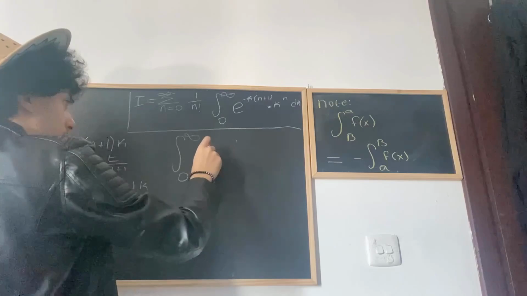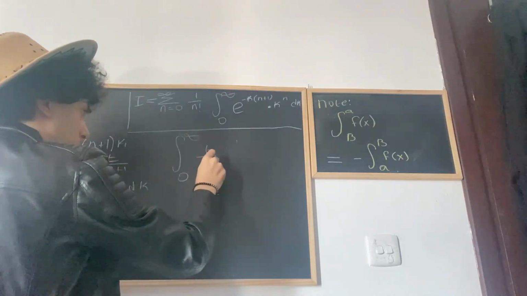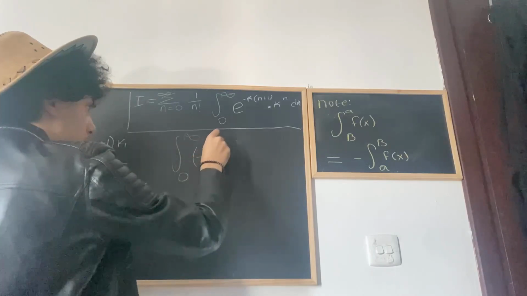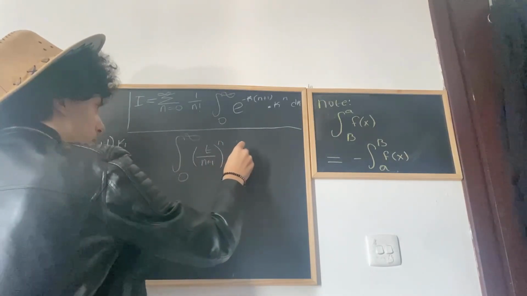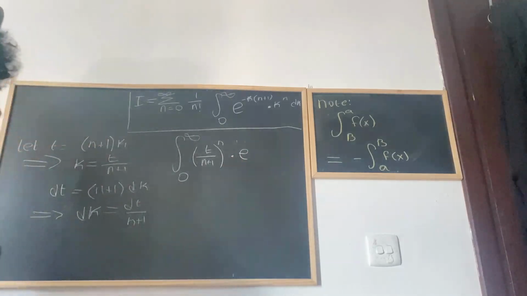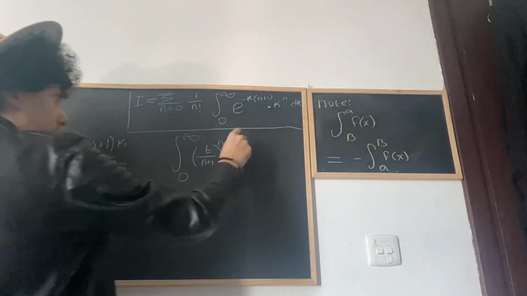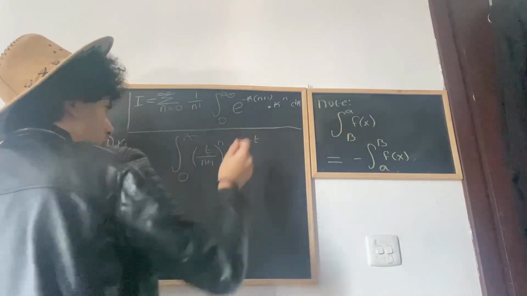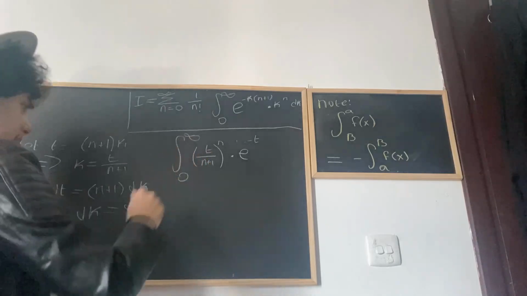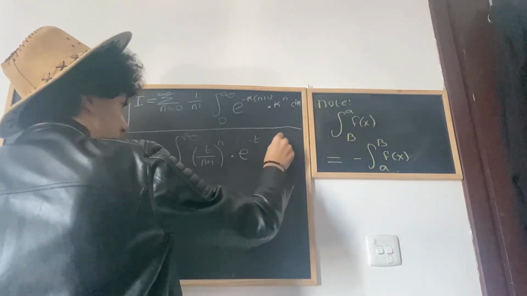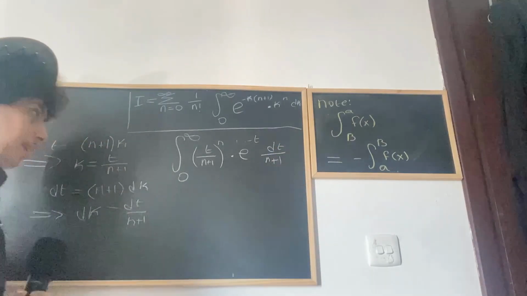So here we have t over n plus 1 all to the power of n multiplied by e to the negative k times n plus 1, which just turns into negative t, multiplied by dk, which is equal to dt over n plus 1.